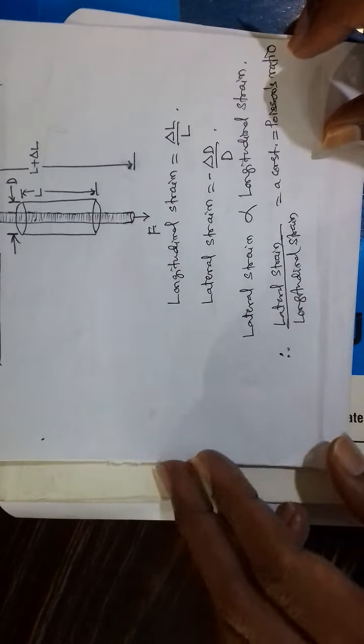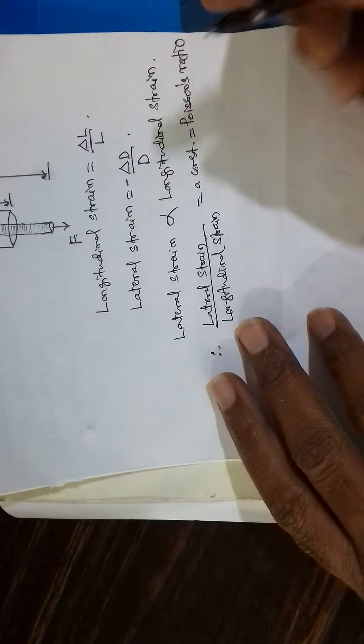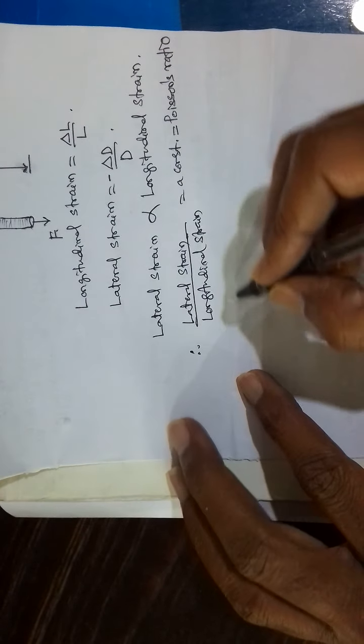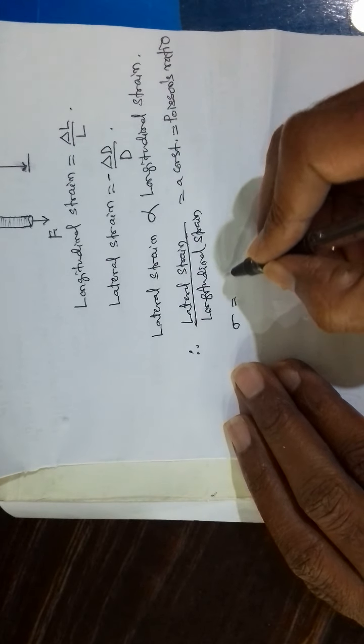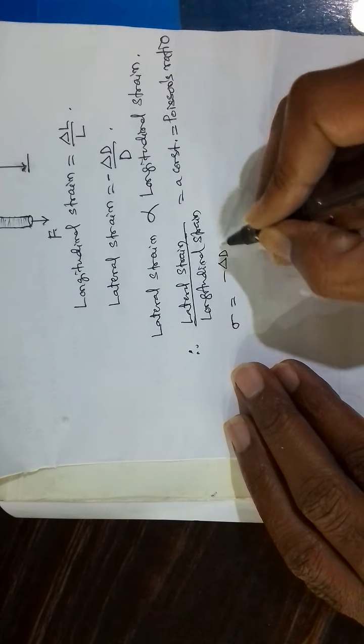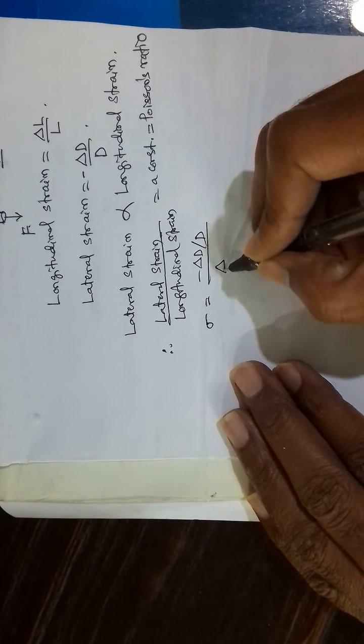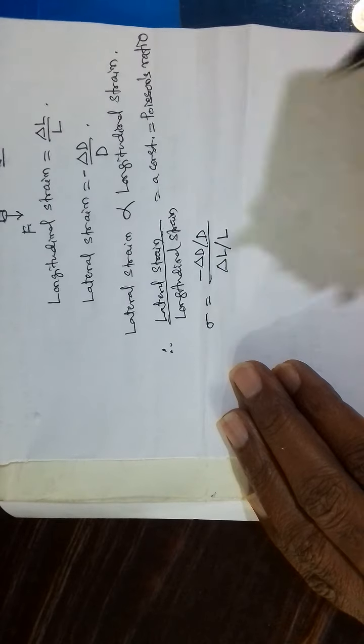So here, for this Poisson's ratio, the symbol used is sigma. For lateral strain we write minus delta d by d, divided by, for longitudinal strain, increase in length by original length.